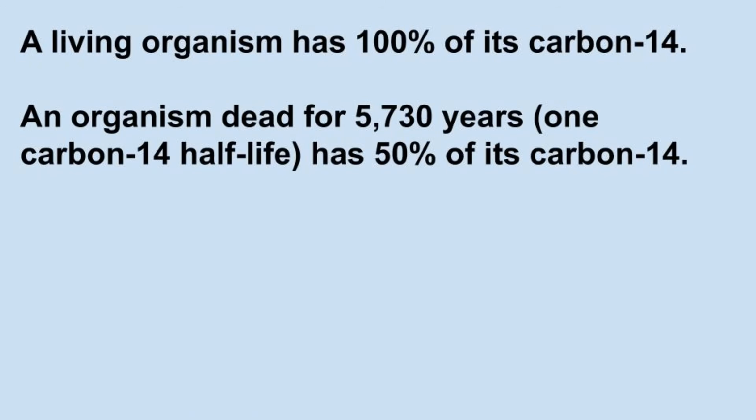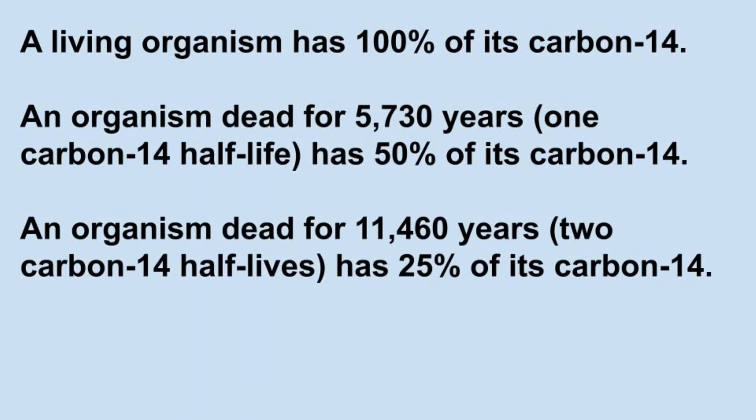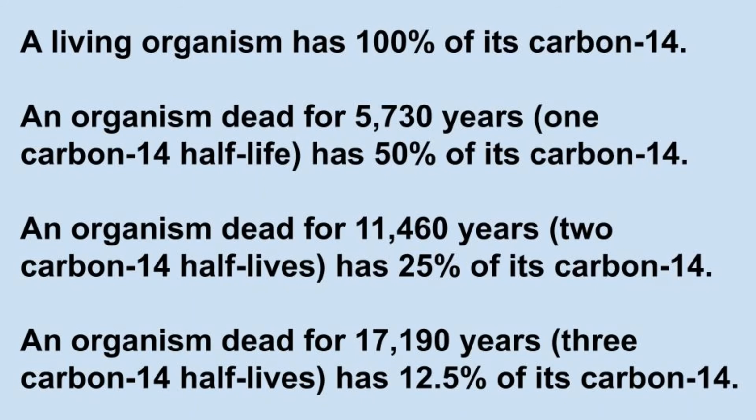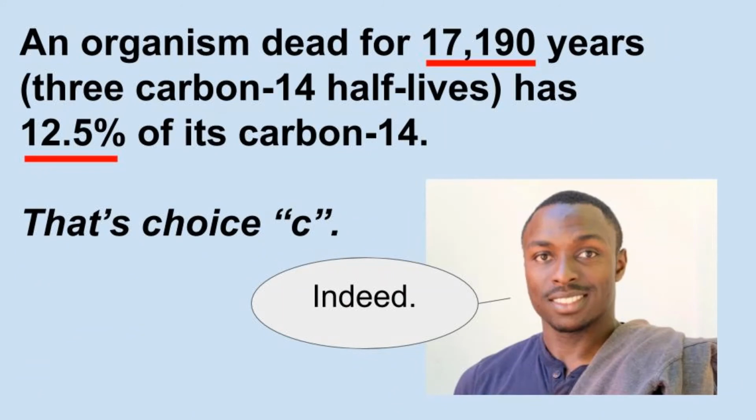An organism that's been dead for 5,730 years, or 1 carbon-14 half-life, has 50% of its carbon-14. An organism that's been dead for 11,460 years, or 2 carbon-14 half-lives, has 25% of its carbon-14. An organism that's been dead for 17,190 years, or 3 carbon-14 half-lives, has 12.5% of its carbon-14, which is choice C.